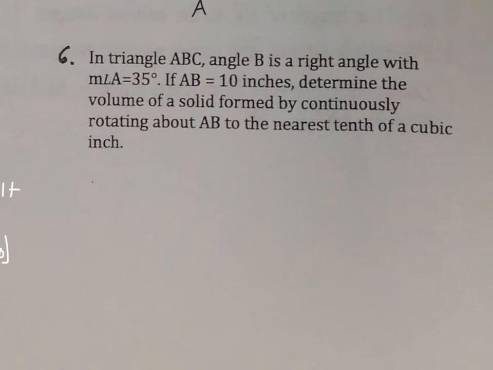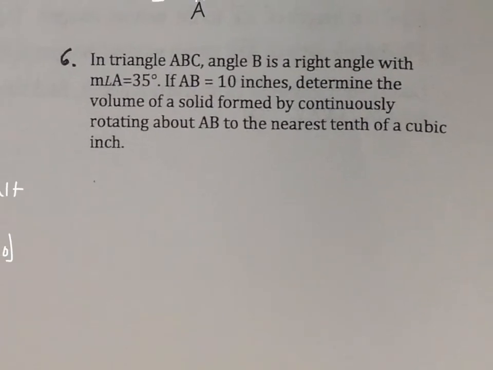Question number 6, again, no picture. Let's see what this one's all about. In triangle ABC, angle B is the right angle, with angle A being 35.